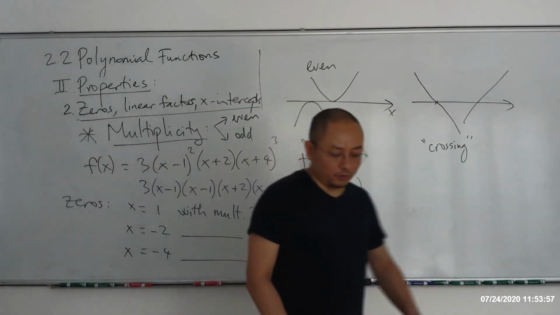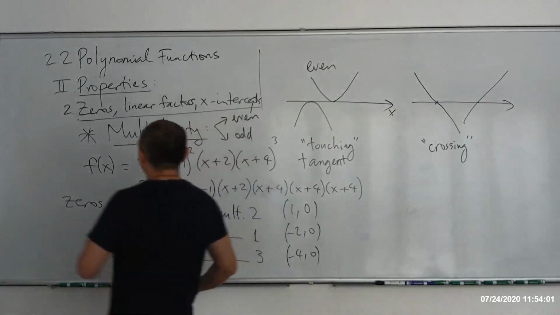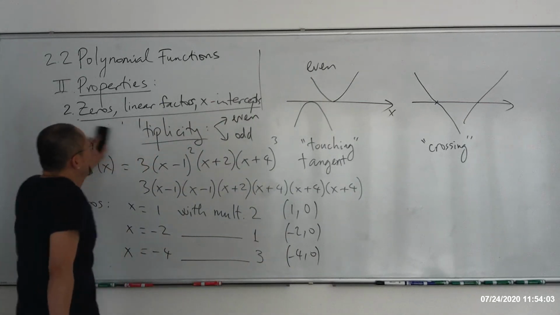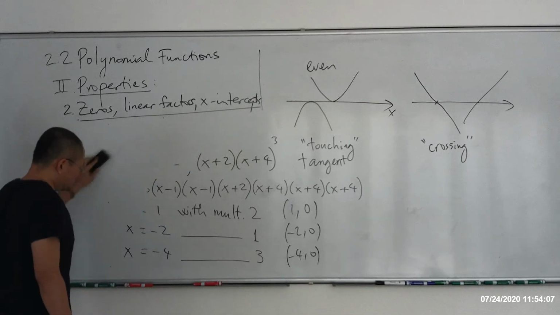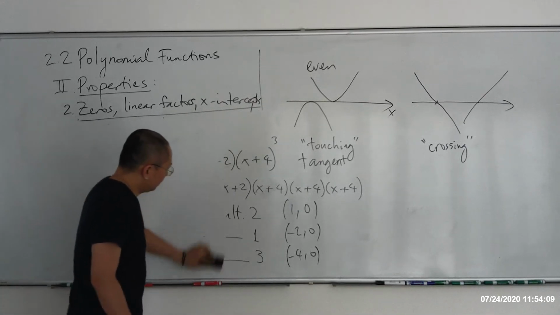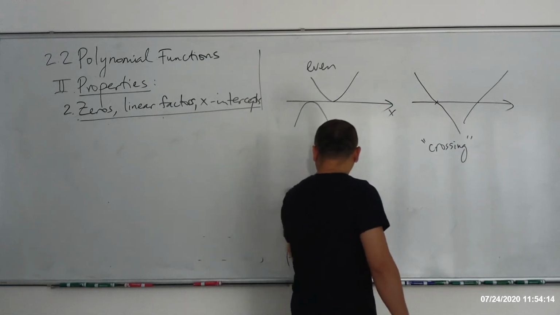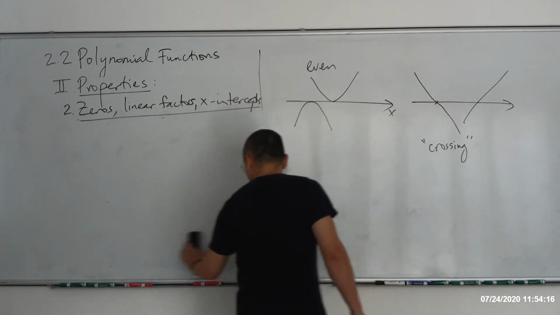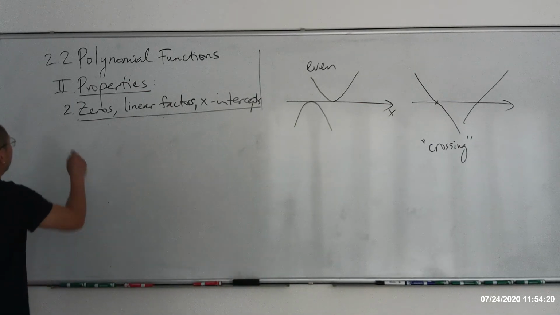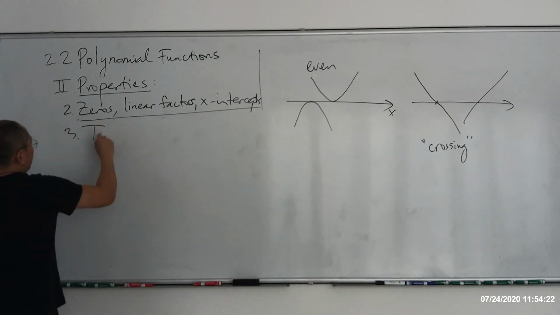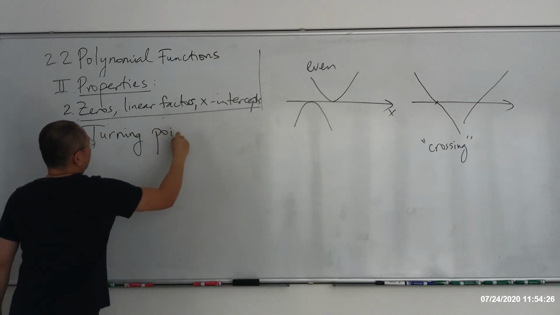Okay, let me move on to another item, another property of polynomial. Number 3, turning points.